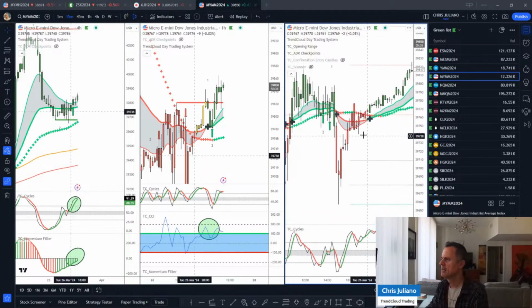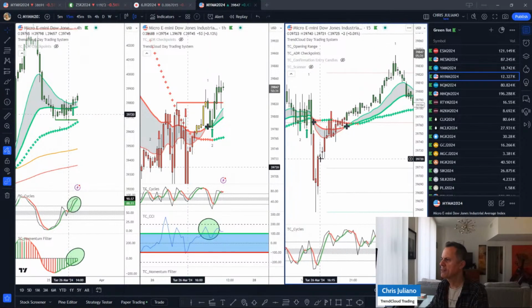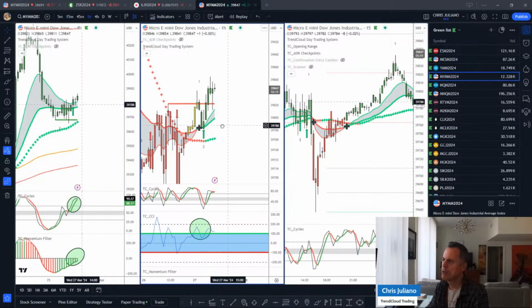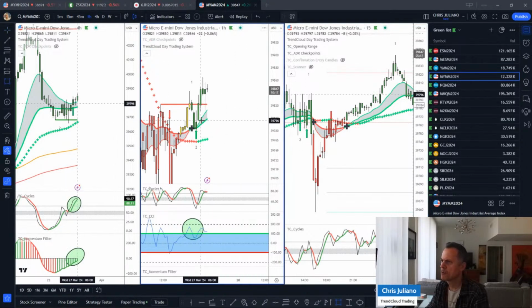Look how far below we're asking this thing to pull all the way back down, below the 50 simple on the 1-hour chart. We want to capture the strongest move if a move is going to take place.